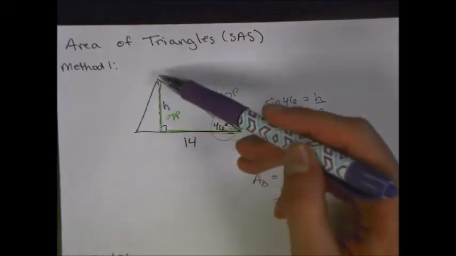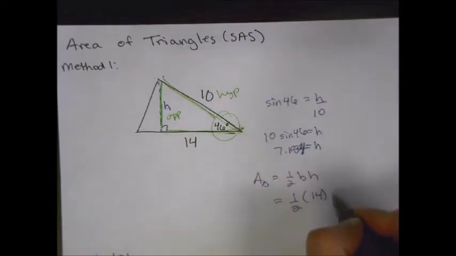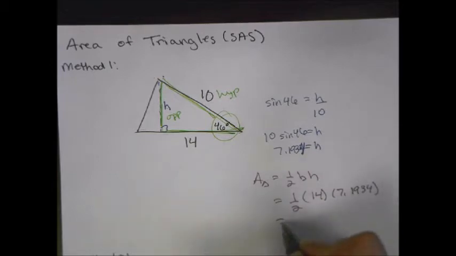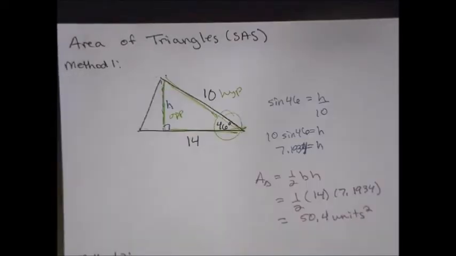I have my height of 7.1934 perpendicular to 14. So I get 50.4 units squared. And notice that's method 1.